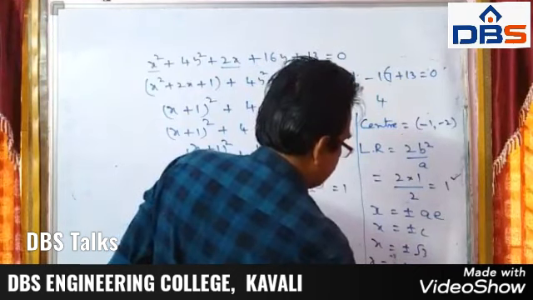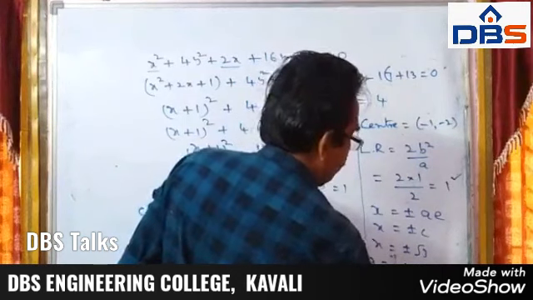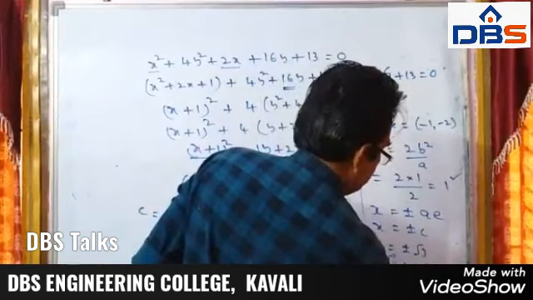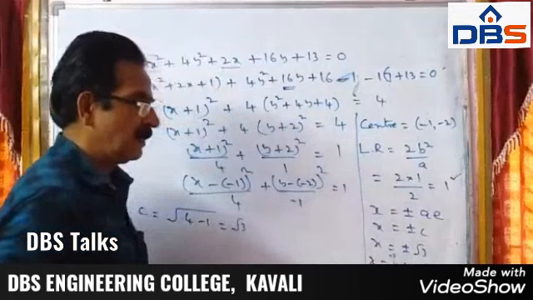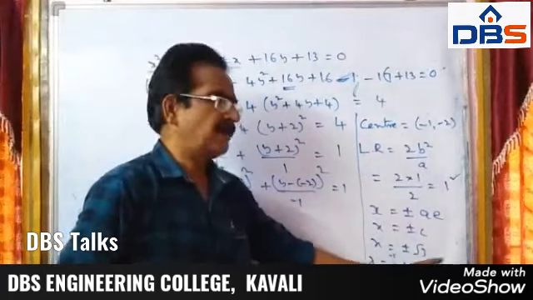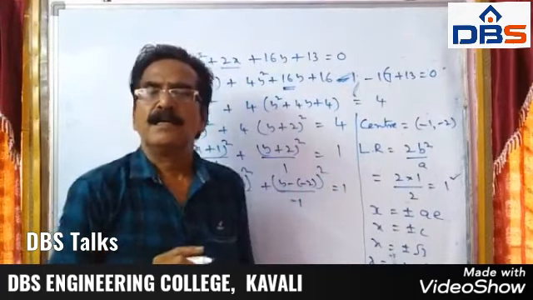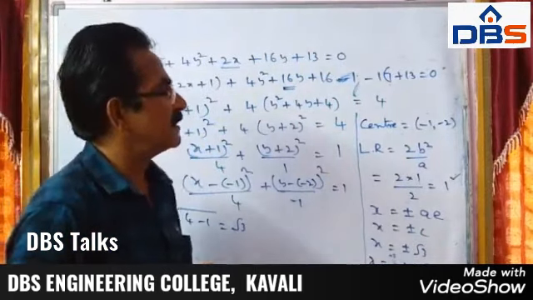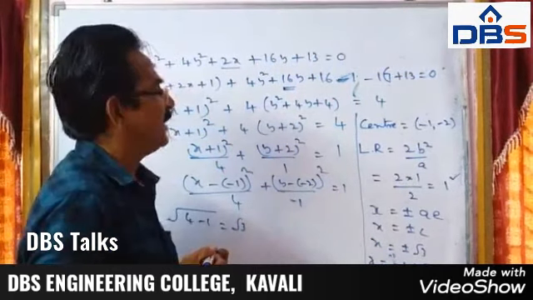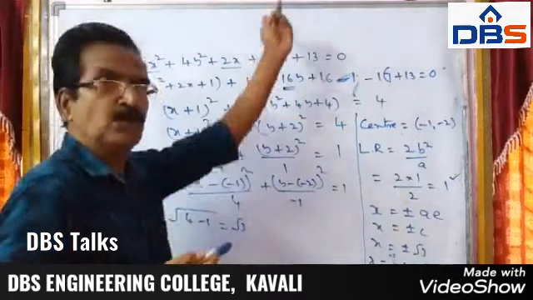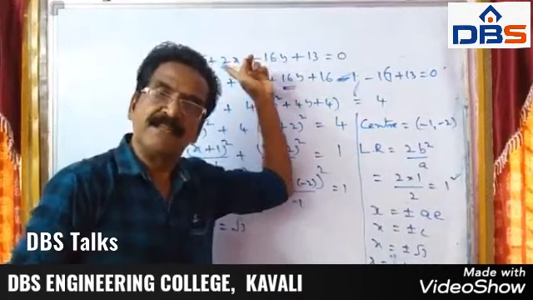X is equal to root 3 minus 1, or minus root 3 minus 1. Minus 1 plus or minus root 3 are the equations of the latus rectum. Okay friends, this is how to do it in case the equation is given like this.